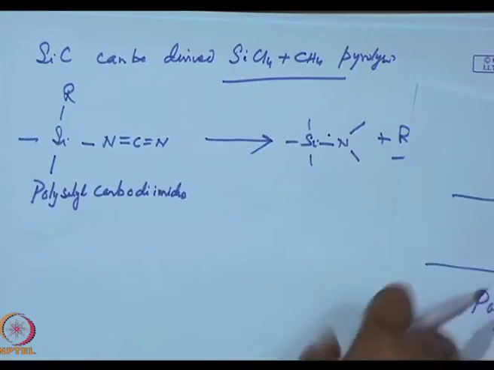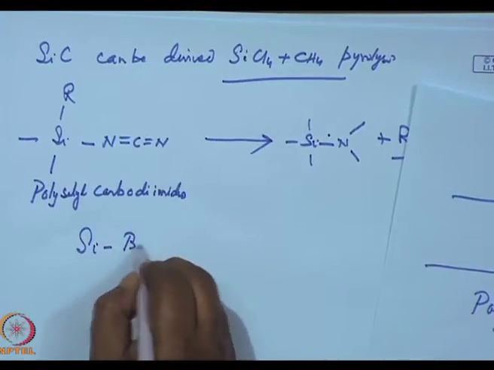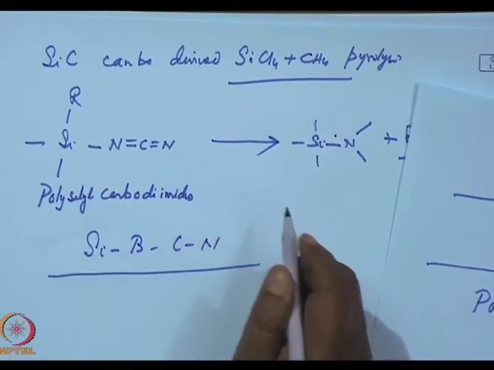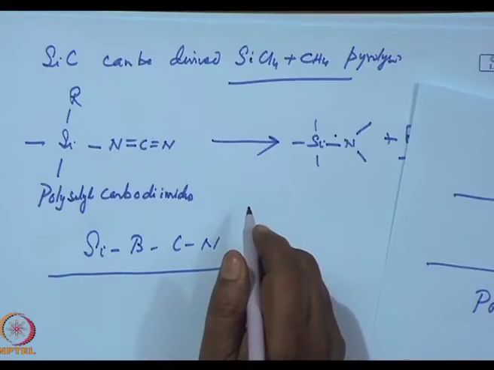If I want this complex structure, say Si, boron, carbon, nitrogen ceramics, what would I have to do?